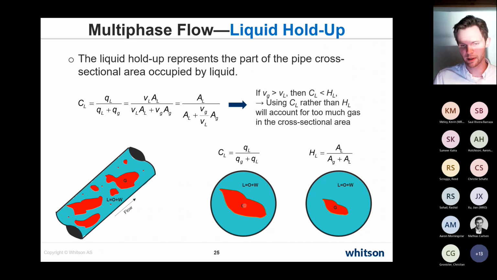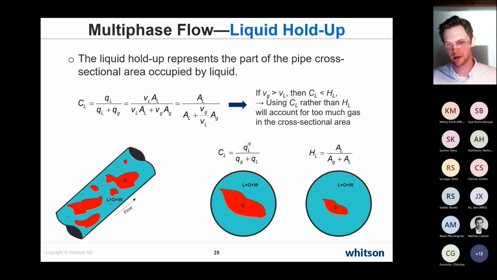If the liquid and gas flow with different velocities, then using CL will account for too much gas, and will make our fluid weigh the gas properties too much when we're computing the pressure profile, the pressure gradient in the well. And what we'll see in a couple of slides ahead is that that has an impact, in the sense that we will always predict a lower bottom hole pressure if we don't account for slip.